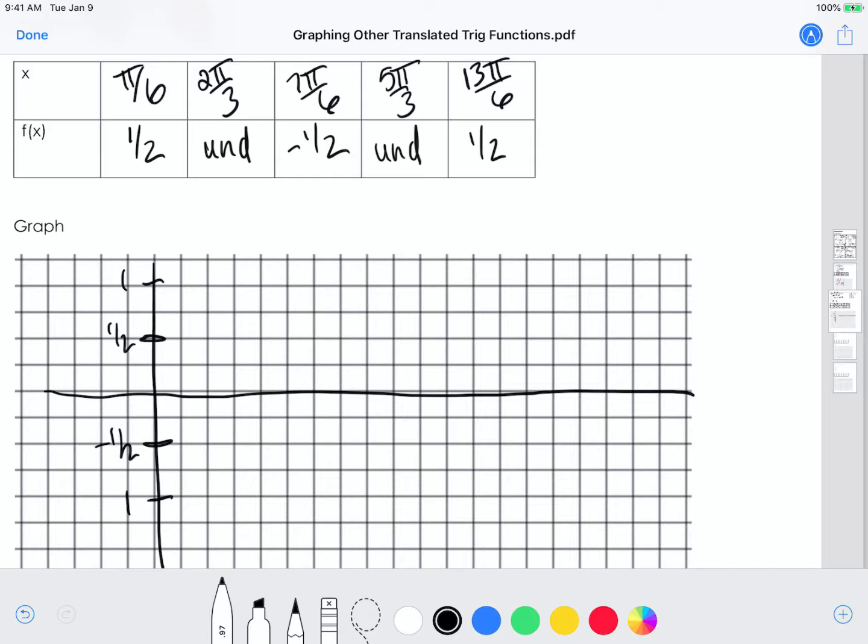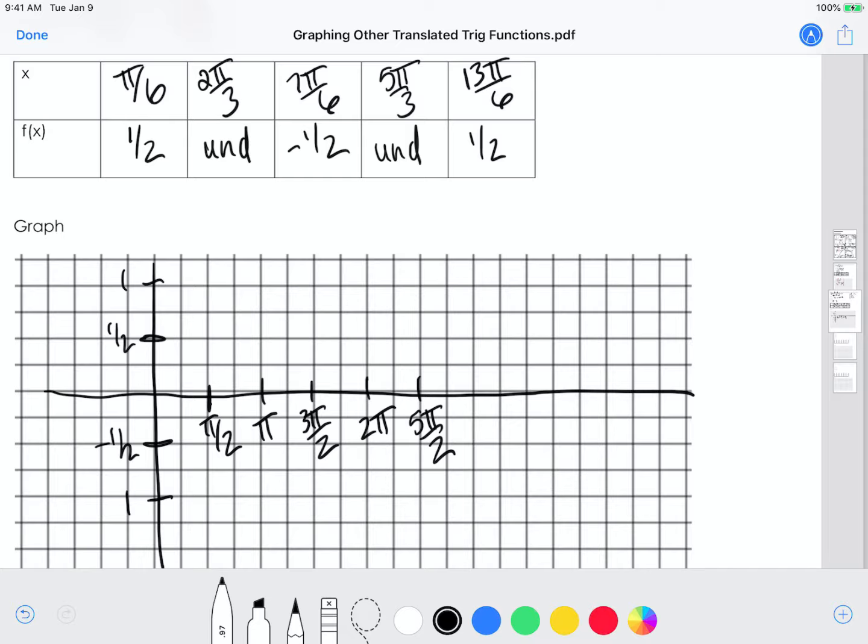We are starting at pi over 6, but we're doing this on a scale of pi over 2. So I'm going to start off at pi over 2, pi, then 3 pi over 2, then 2 pi, then 5 pi over 2.